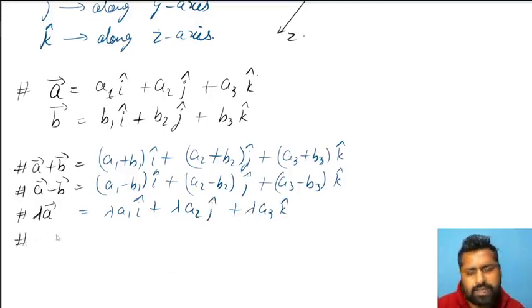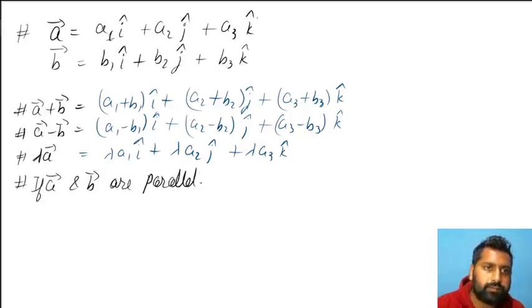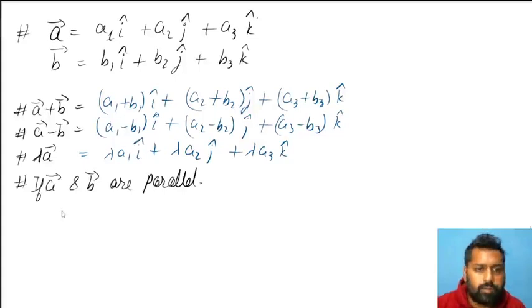Next, let's say two vectors are parallel. Perpendicular condition I'll discuss later. First let's discuss parallel. So if a vector and b vector are parallel, what happens is, learn it like this: a vector should be lambda times b vector.